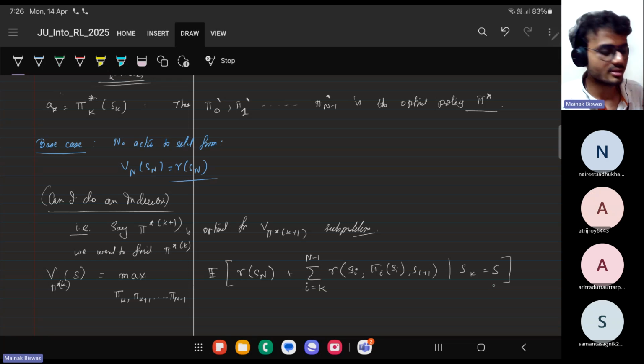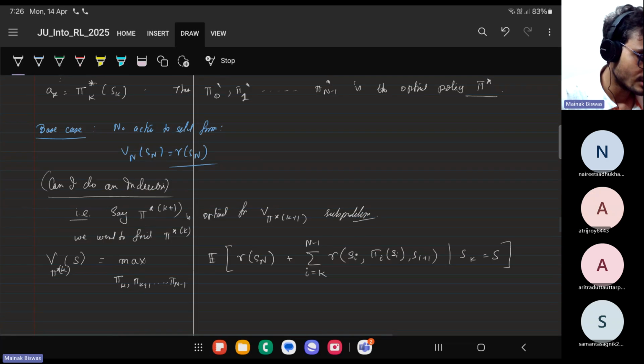Is this correct? Is this fine? This is what the subproblem is.